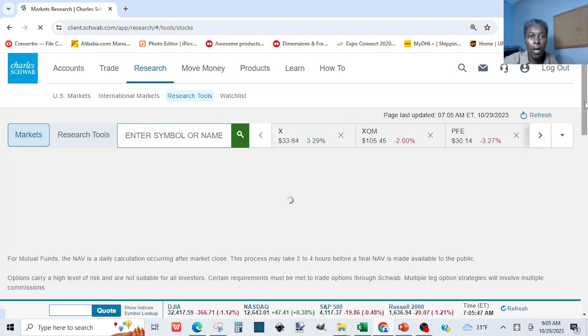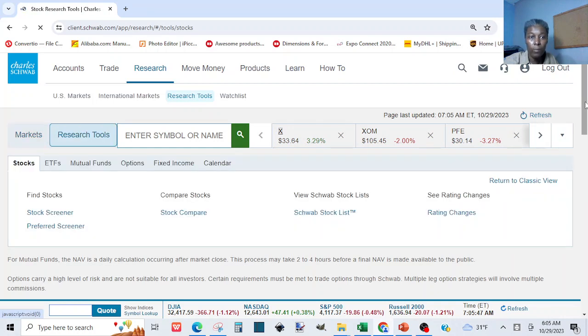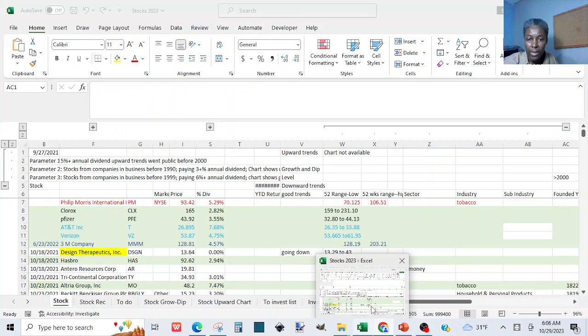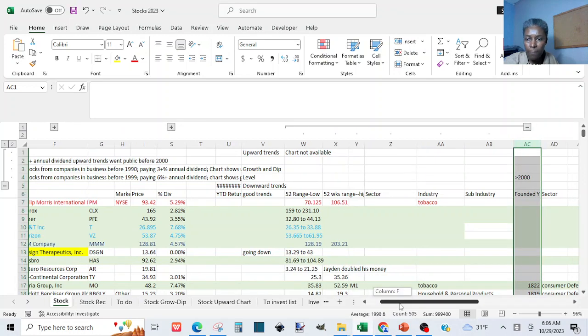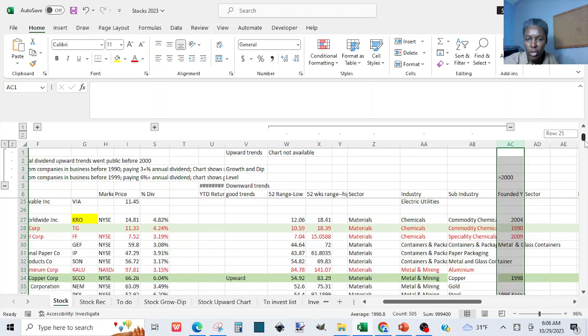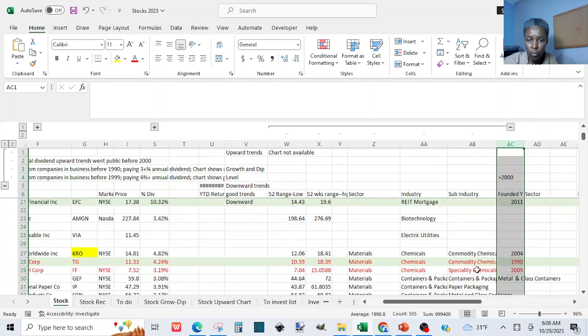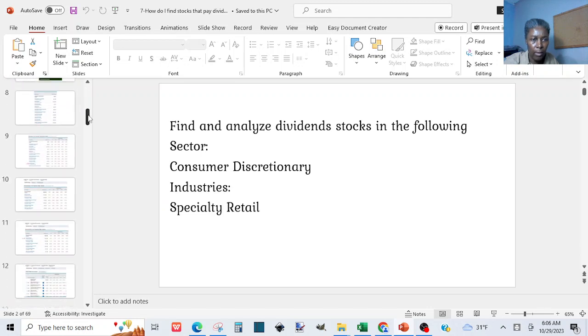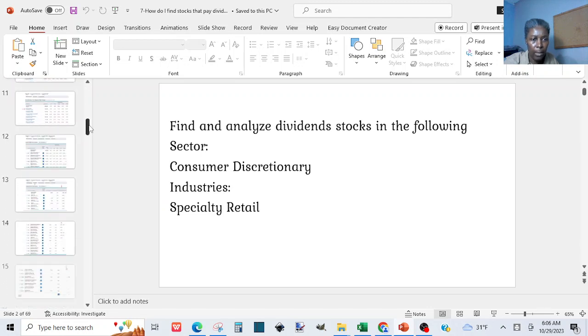When you are on the research stocks page, you will enter the first one you recorded on your spreadsheet. At this point, I don't know if I have those sectors on my spreadsheet, so I'm not going to be working with my spreadsheet, but we are going to be working with our PowerPoint here.